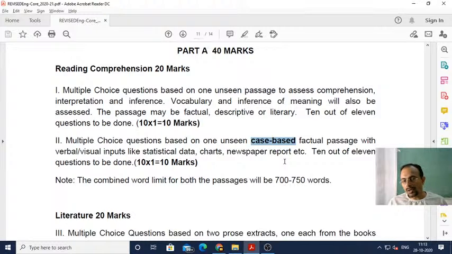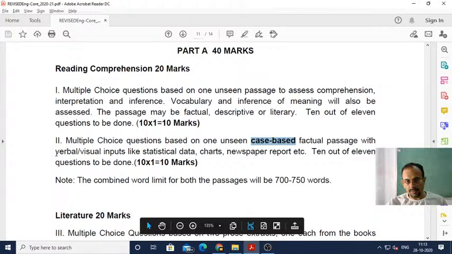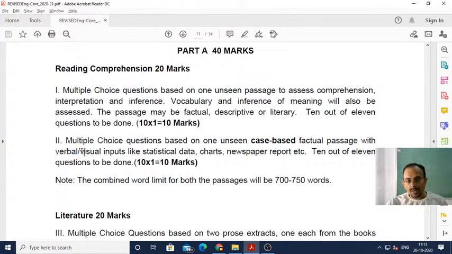So that is what is called a case-based factual passage with verbal or visual inputs. There can be some hints given in terms of text, so there is verbal. Visual, there can be some graphs or charts or something of this sort. So either verbal or visual hints will be given, like statistical data, charts, newspaper report, etc., based on which you've got to answer the questions. 10 out of 11 questions to be done.